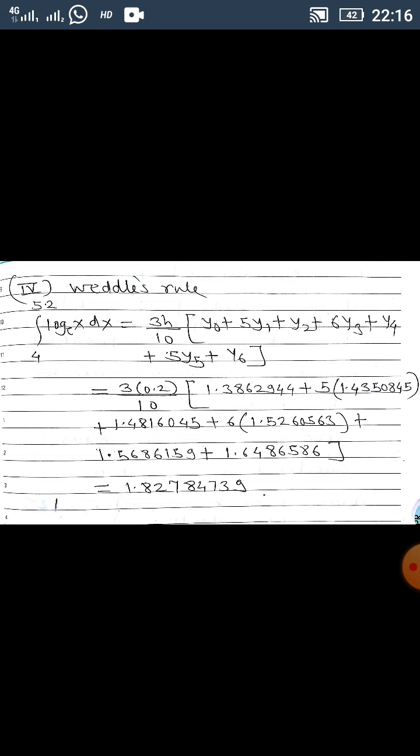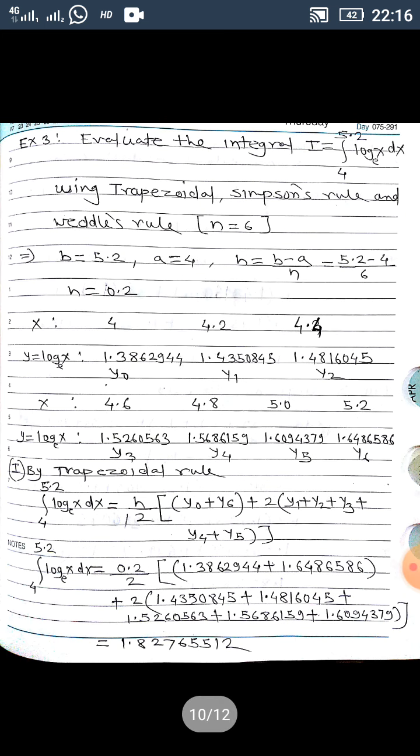So h is 0.2, 3 into 0.2 divided by 10, y0 1.3862944 plus 5y1 1.4350845 plus y2 1.481645 plus 6 times y3 1.5260563 plus y4 1.5686159 plus y6 1.6486586. All values we have substituted, and if you simplify, the integration comes as 1.82784739. So these all values are nearly equal.